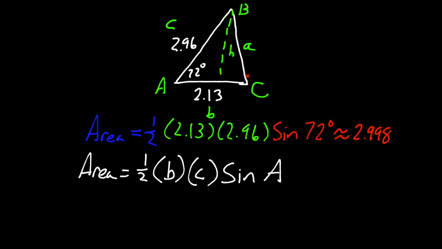If I knew side A over here, and I still knew the bottom, I could use this formula, but I would need to know this angle over here, because between side A and side B is angle C. And for one last quick talk through, if I know side A and I know side C, which angle am I going to need to know to use this formula? Hopefully you said angle B, because that is the angle between side A and side C.